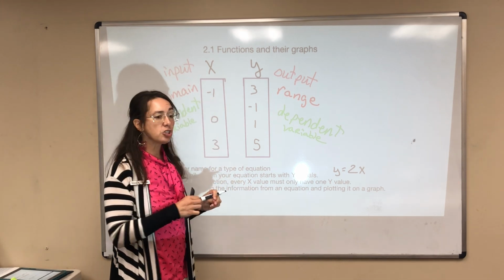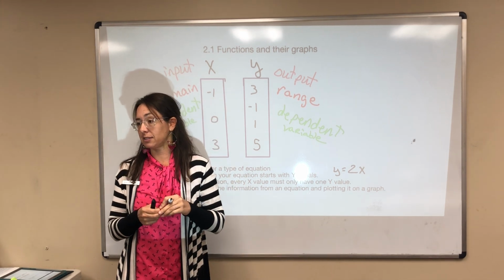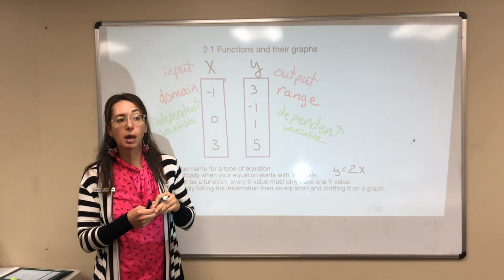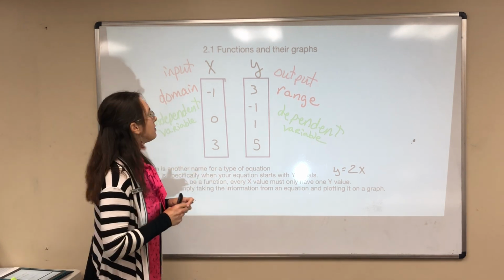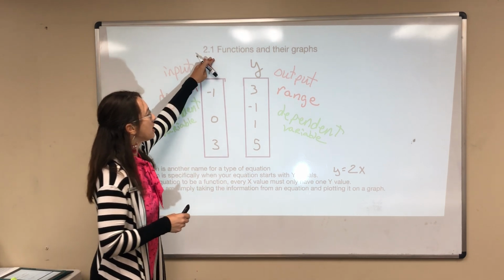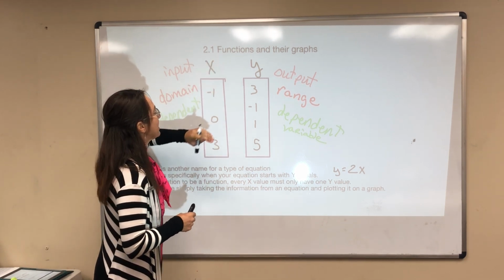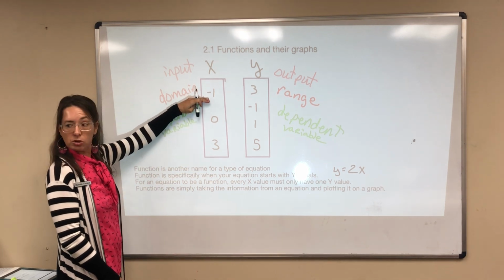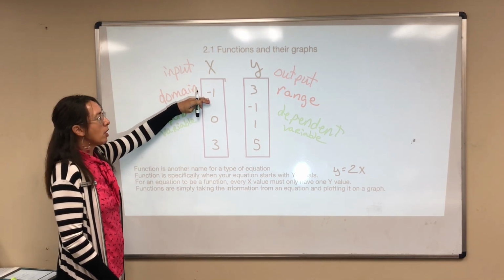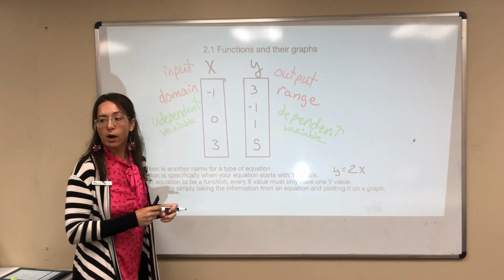Now, for this chapter, we are dealing with lines. Okay, there is only one type of line that is not a function. All of the others are functions, okay? A function means that every x value only has one y value.